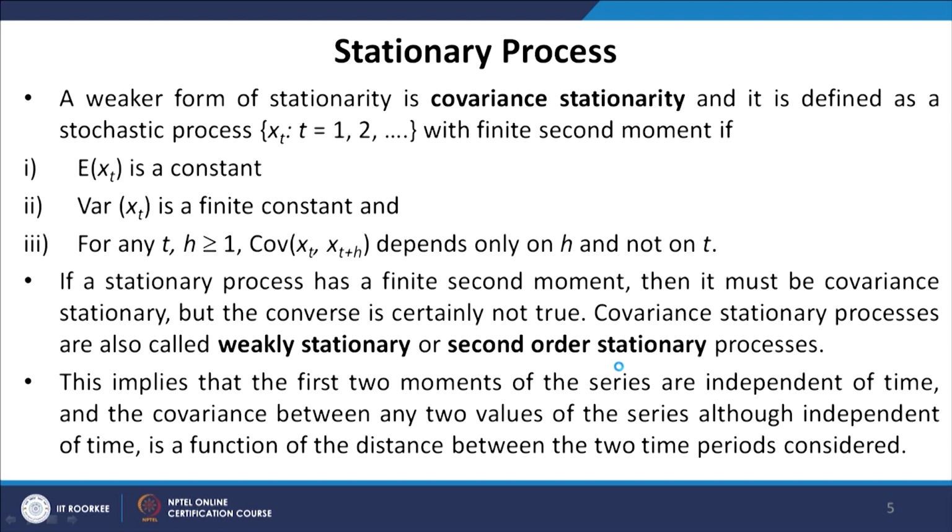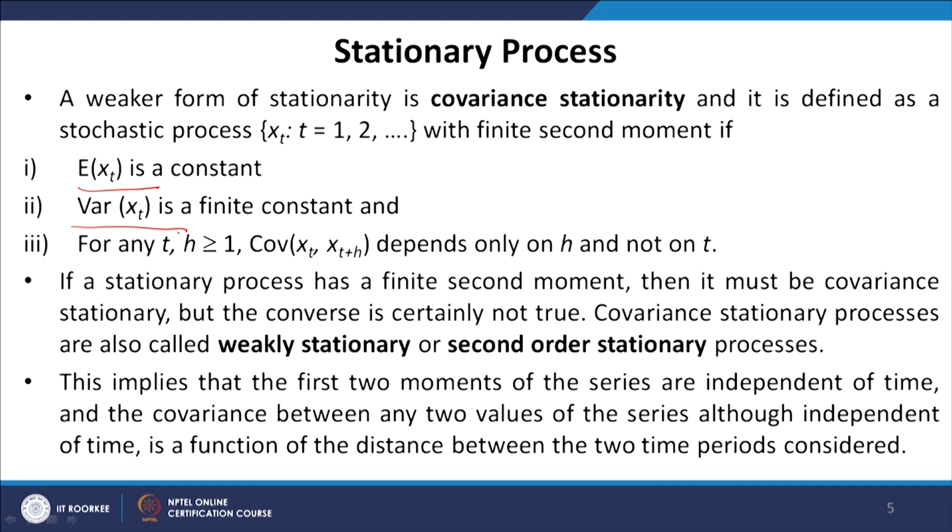Covariance stationarity is defined as follows: a stochastic process x t with finite second moment is covariance stationary if the expected value of x t is a constant, the variance of x t is a finite constant, and for any t and h greater than or equal to 1, the covariance of x t and x t plus h depends only on h and not on t.